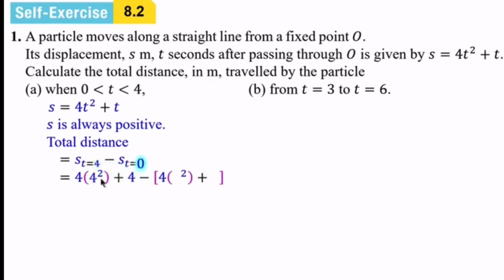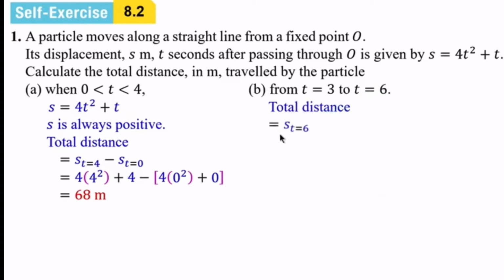If we subtract, we will get the answer for the total distance of the particle. So let's solve it out and we will get the total distance traveled from 0 to 4.